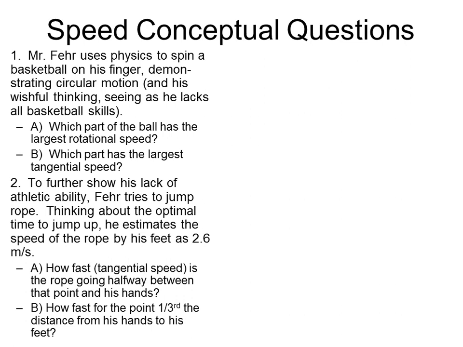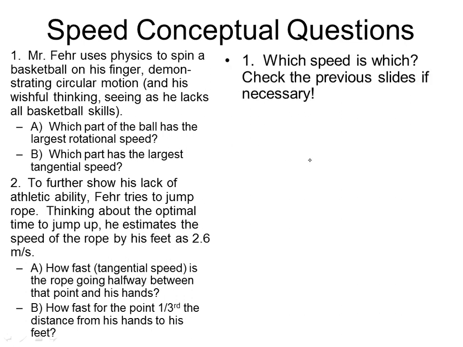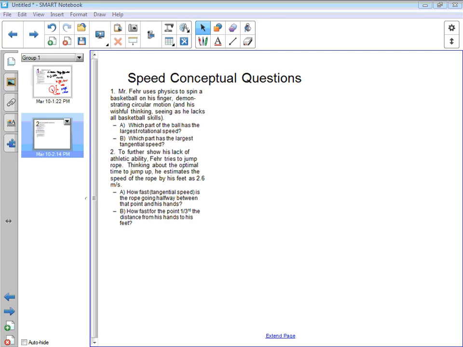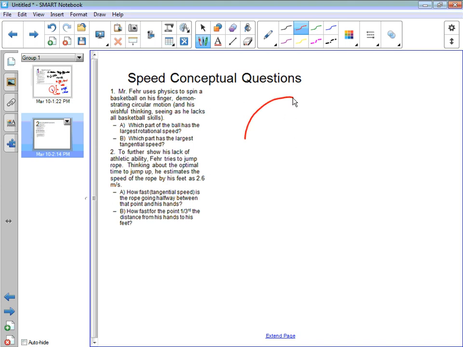When I'm talking about the ball, this is kind of an overhead view. Oh, goodness gracious, that's the wrong thing. Let's see if I can do that again. This is a kind of overhead view of the ball.